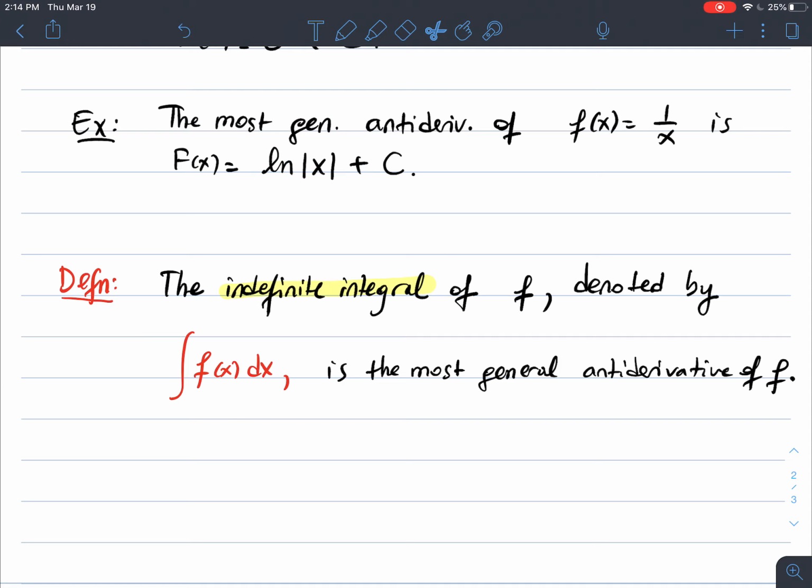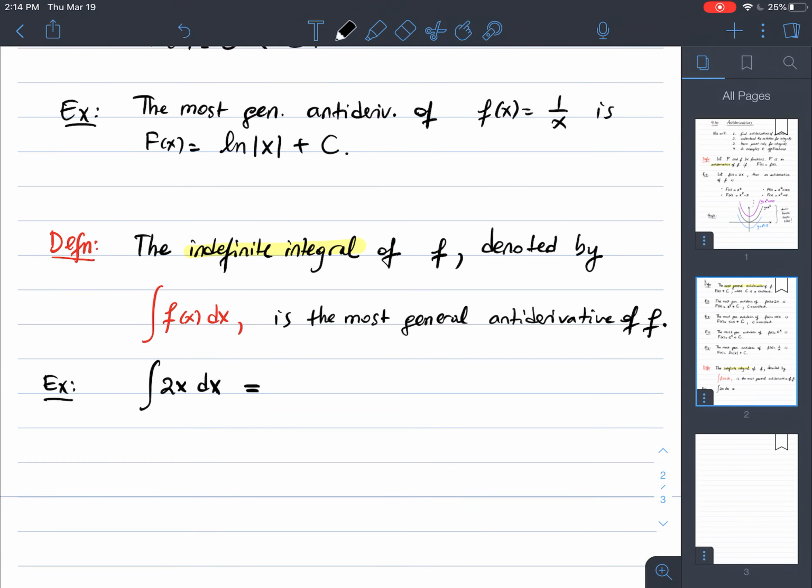Okay, so let me give you one example. All right, so the integral of 2x dx should be the most general antiderivative of 2x. And according to the example we did before, let me show you the example.